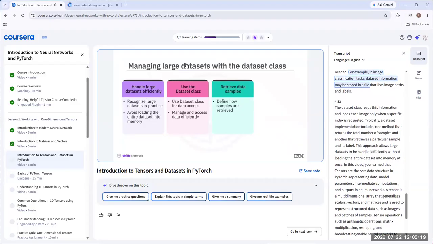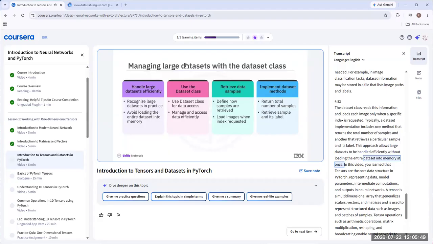For example, in image classification tasks, dataset information may be stored in a file that lists image paths and labels. The dataset class reads this information and loads each image only when a specific index is requested. Typically, a dataset implementation includes one method that returns the total number of samples and another that retrieves a particular sample and its label. This approach allows large datasets to be handled efficiently without loading the entire dataset into memory at once.